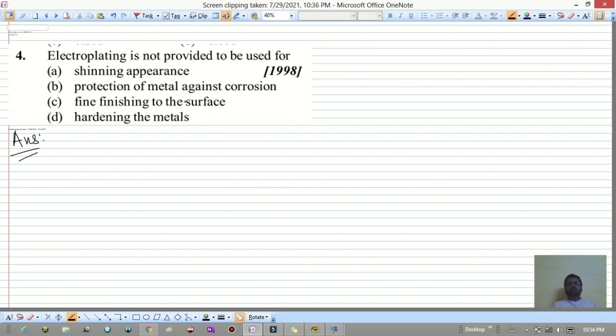It is not provided for fine finishing to the surface. It is for shining appearance, true. Protection of metal, true. Hardening of metals, true. Fine finishing to the surface is not at all true. So this is option C. I hope this is clear. Theoretical question.